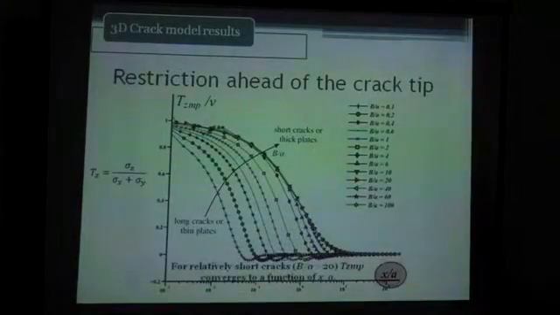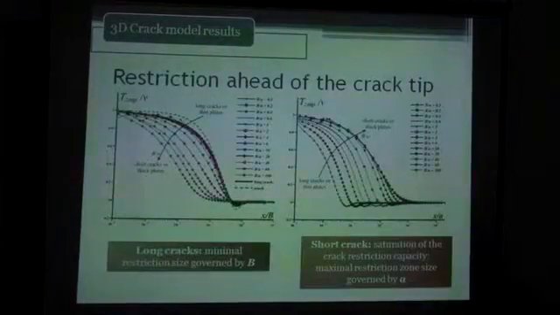Once you get thicker plates, so for relatively short cracks, the parameter that controls this restraint is the crack size, not the thickness. When you have too much thickness, you saturate this constraint factor, and the parameter that controls it is the crack size itself.